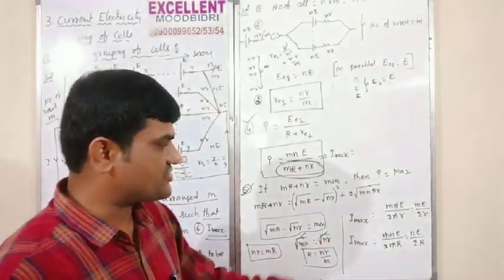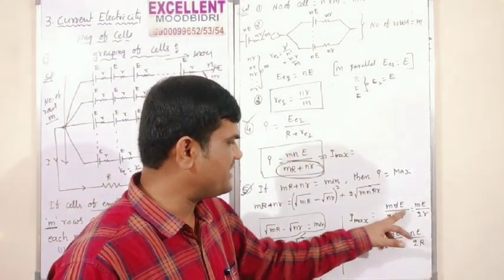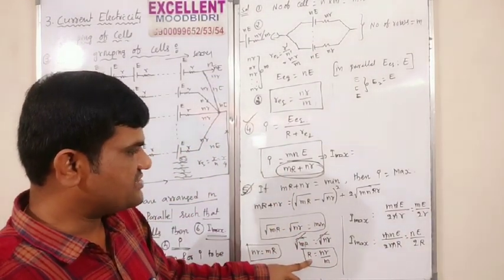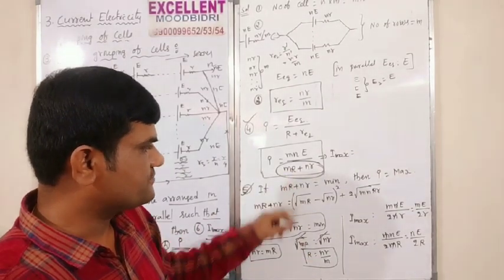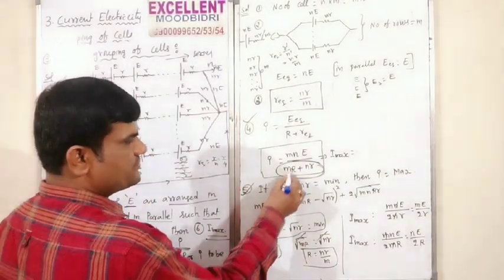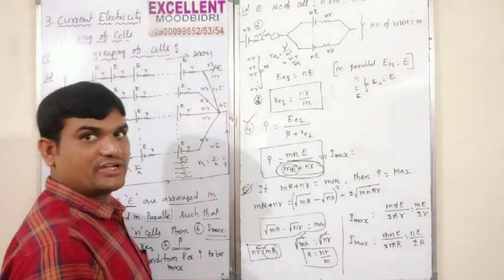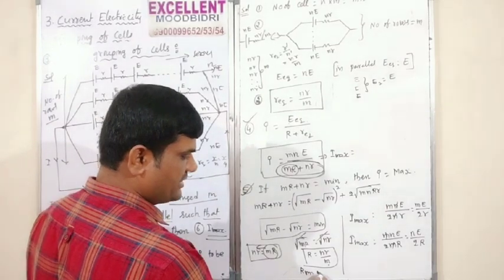Therefore, I max is equal to MNE divided by, instead of Mr, I took Nr first. Okay, no problem. So Mr is equal to Nr.